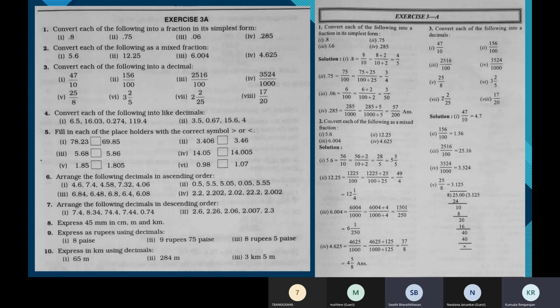Is this answer correct? 49 by 4? Why no answer? Yes, ma'am. Correct, ma'am. Ma'am, it is correct, ma'am. 49 by 4.